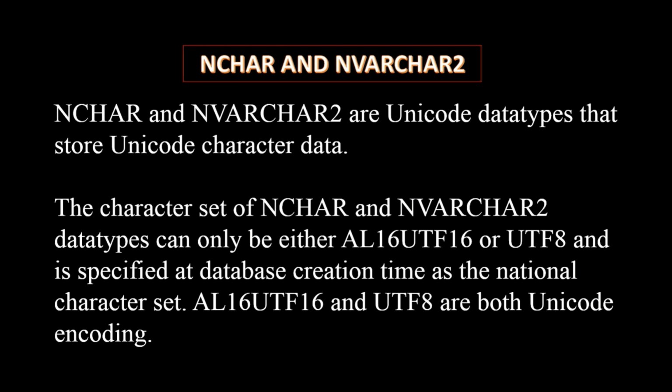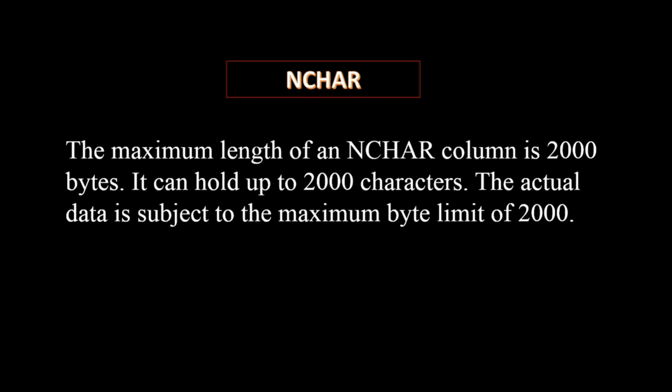Moving on to nchar, the maximum length of an nchar column is 2000 bytes. It is the same as what we talked about for char, which also stores data of 2000 bytes. It can hold up to 2000 characters.